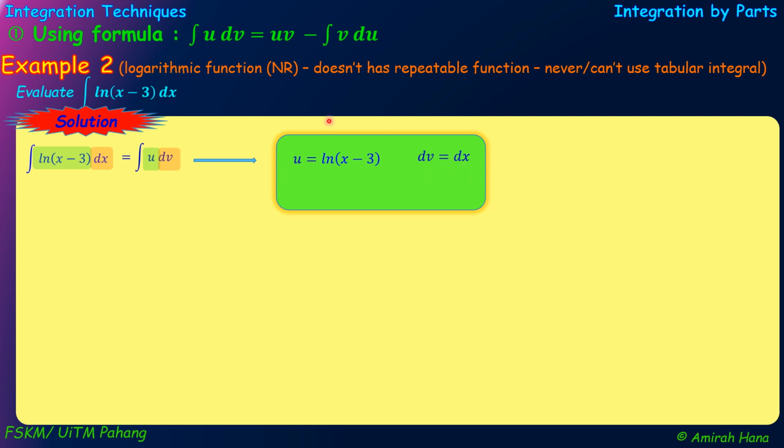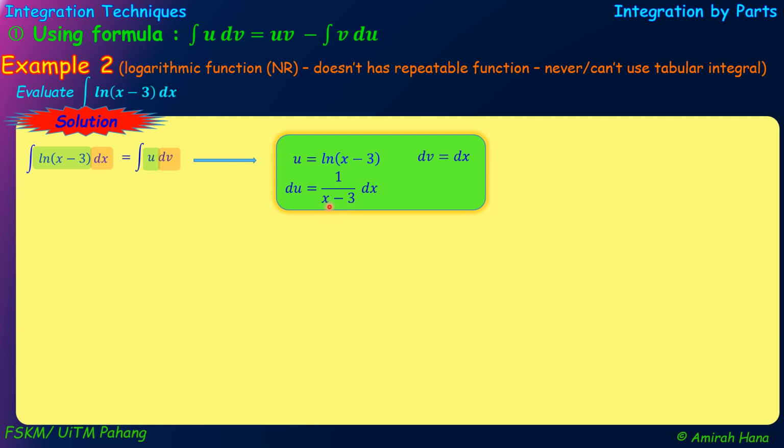From u, we need to find du to substitute in this formula, and from dv, we need to find v. To find du from u, we need to differentiate. When we differentiate u with respect to x, we have du over dx, which equals 1 over x minus 3.